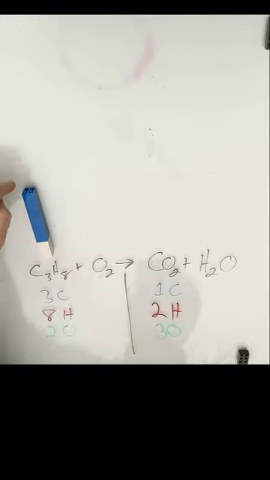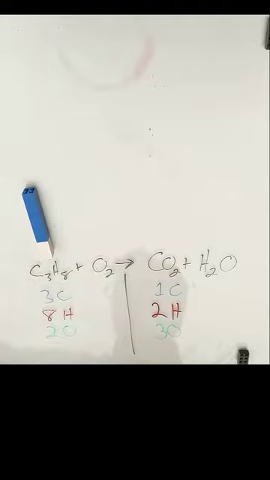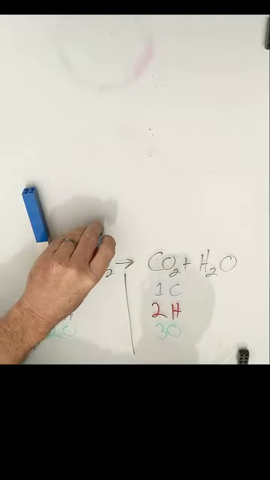So let's see if I can do this with the bricks that I have here. And again, when I put these bricks together, these are not by any means what the molecules actually look like. C3H8 doesn't look anything like that. And then O2 will be these blue ones.